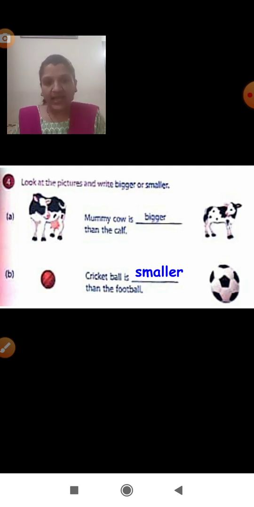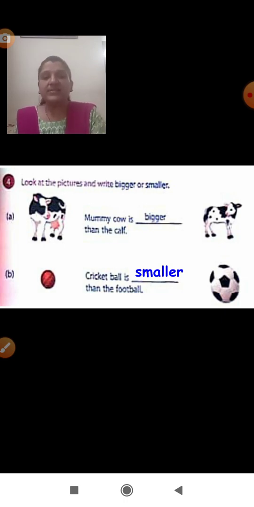So here we say a mummy cow is bigger than the calf, right? And in the next example, you see a red cricket ball and a black and white football at the right side. So we say cricket ball is smaller than the football. Do you see this? Very good.